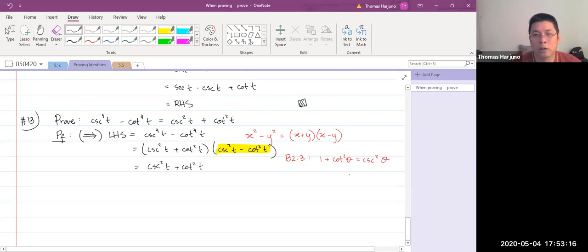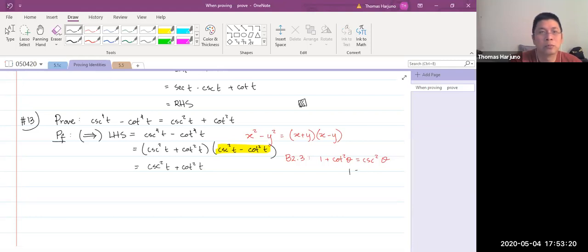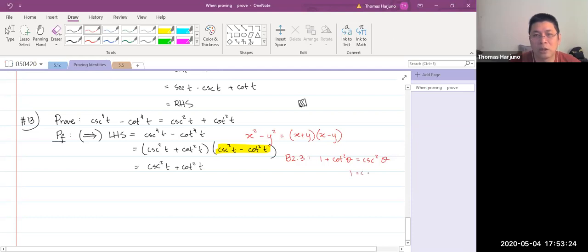So 1 equals cosecant squared theta minus cotangent squared theta. Okay, that equals 1. And then voila, that's the right hand side. That's the end. That one happens to be simple.